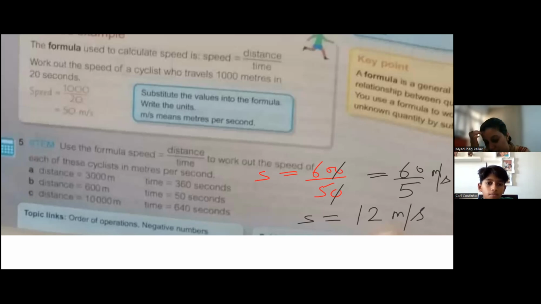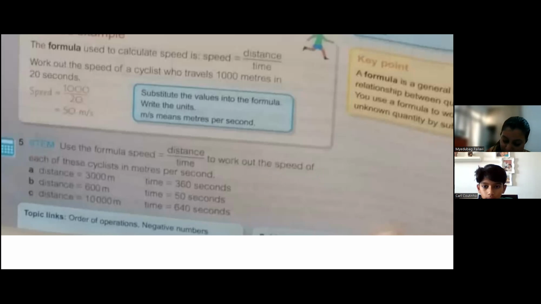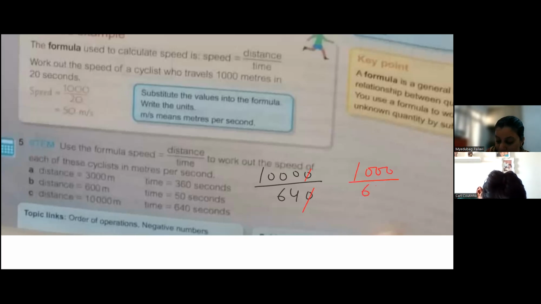Then the C part. The C part will be 10,000 divided by 640. Again, we can cut these zeros. It will be 1,000 divided by 64. And again, you can simplify it further.